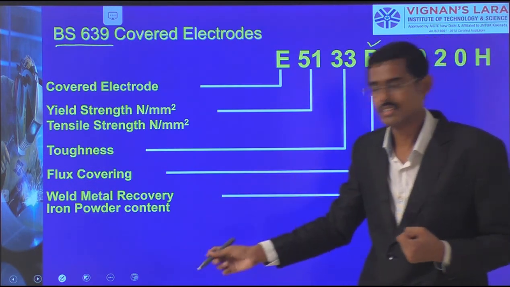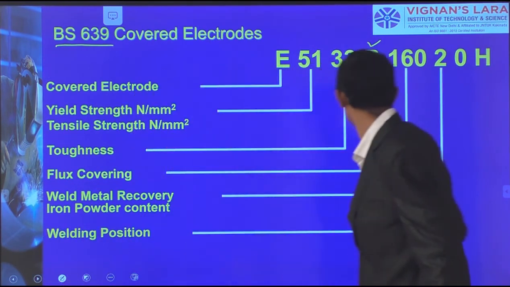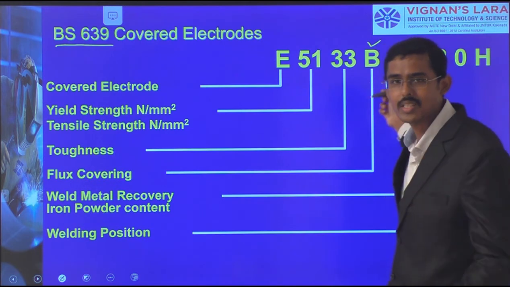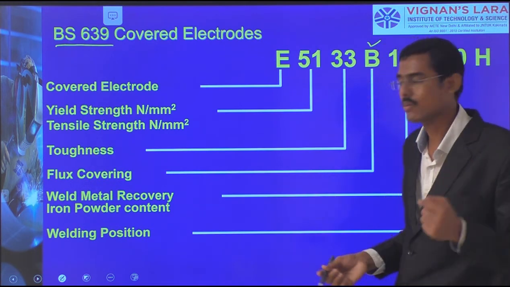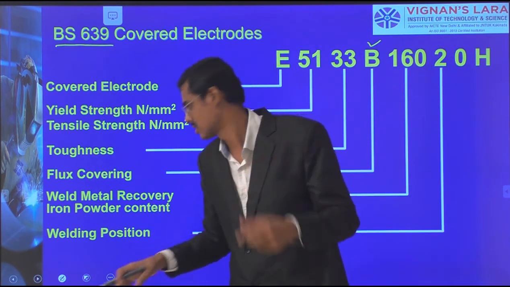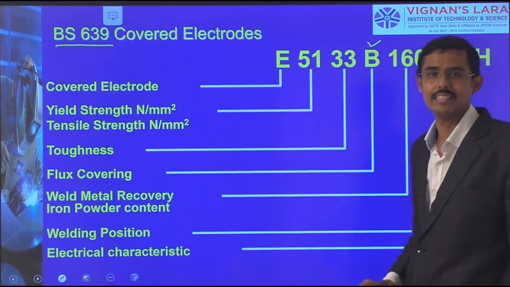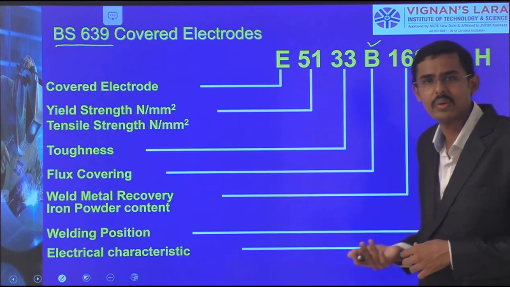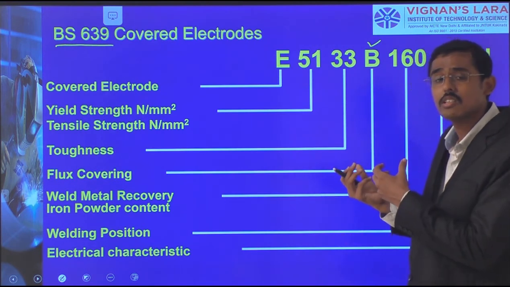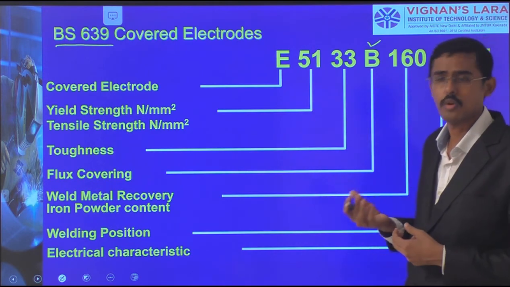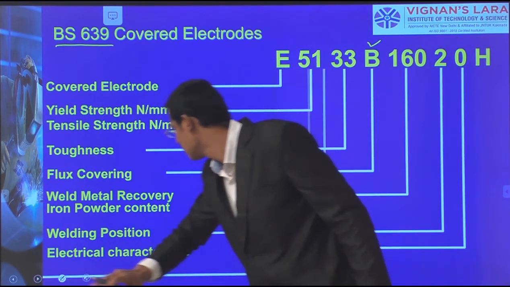Then 2 represents the welding positions, like 2G; we have to see the manuals for what positions 2 represents. At the last, 0 represents the electrical characteristics, whether DC electronegative or electropositive is useful. Otherwise it will be for both polarities, and AC is also possible.